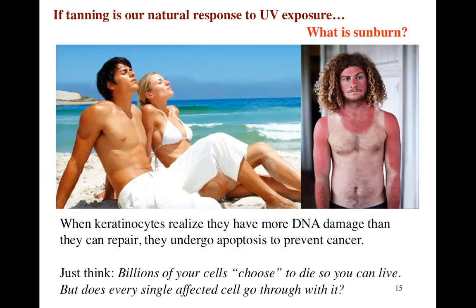And that is why sunburn leads to things like inflammation and redness, because as these cells are apoptosing, they're releasing all kinds of bits and pieces that then cause inflammation. And that's also why, as we all know, if you're badly sunburned, your skin peels, because those are the layers of cells that have already undergone apoptosis.